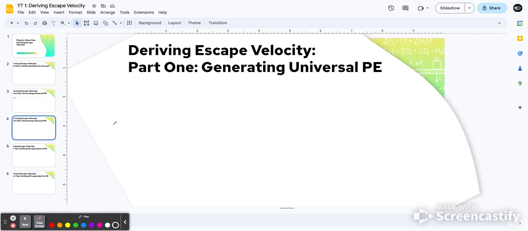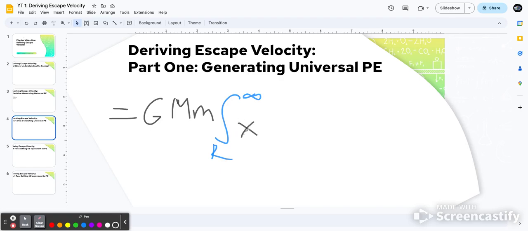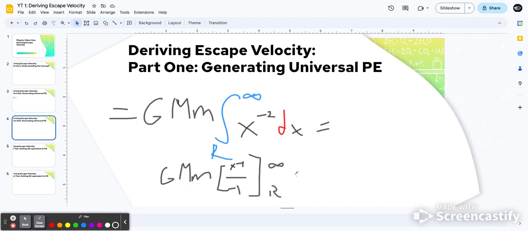By integrating this equation even further, the following is obtained. You get G mass 1 mass 2, GMM, times the integration from r to infinity of x to the negative second dx, which is equivalent to GMM times x to the negative first over -1, evaluated from infinity to r.